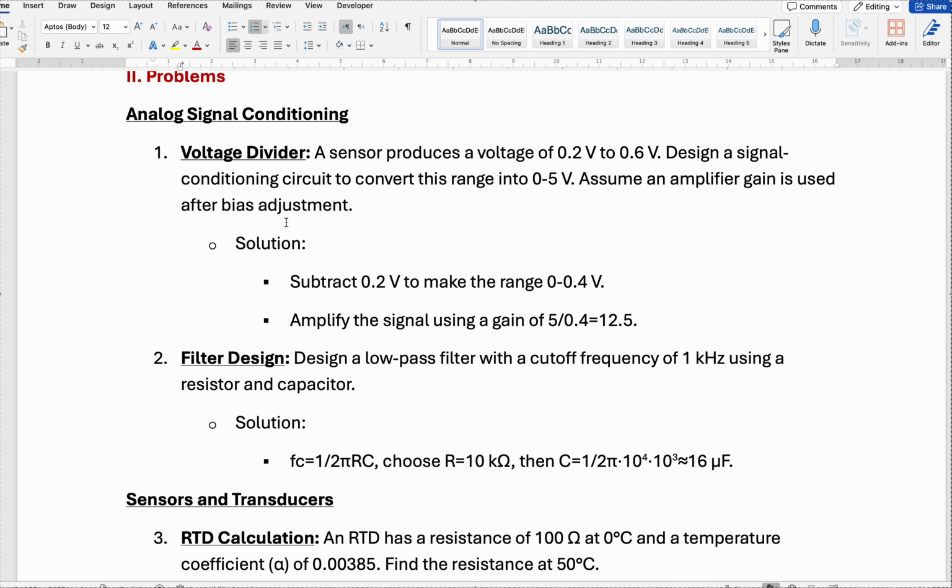Okay, so what do we have? You're saying that 0.2 represents 0 and 0.6 represents 5. It's like you're having x1 and y1 and x2 and y2, and here you're trying to rearrange that so that you can find out the linear relationship between these two. Now, in this case, he tried to solve it by subtracting 0.2 to make this 0. So the sensor is changing from 0 to 0.4, and then I'm taking the slope.